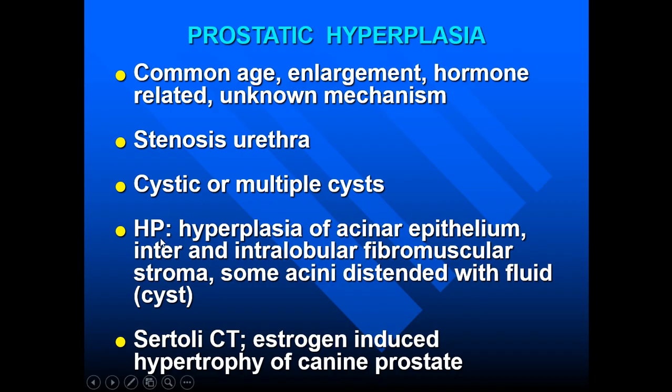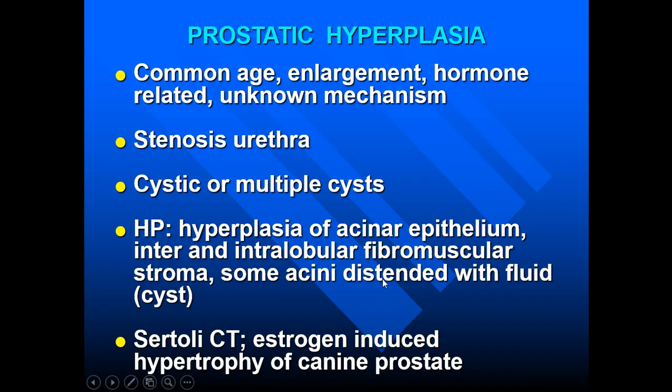Histopathologically, the histopathology revealed hyperplasia of the epithelial cells, and the hyperplasia occurs not only in the epithelial cells but also in the muscular layers. Some glands will be distended and filled with fluid, which characterizes the cystic appearance.